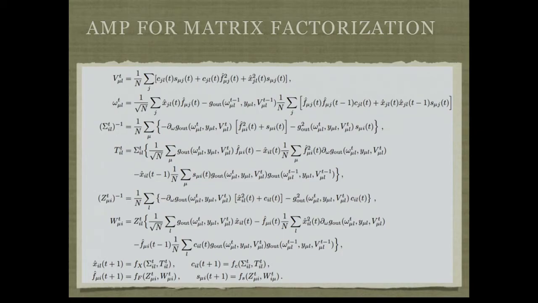What is left, the really important one, would be an expression like this, this t, which is the mean that is fed to this function that then estimates the x. It has the part that is like the x here, then this gets divided by something, and then there are two terms that are the Onsager terms. The structure of these equations is very close to the structure of the equations for compressed sensing, for instance.